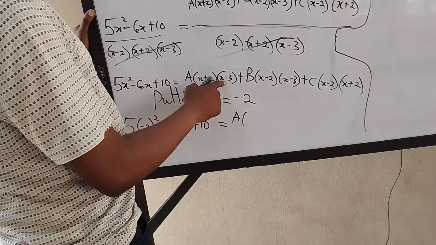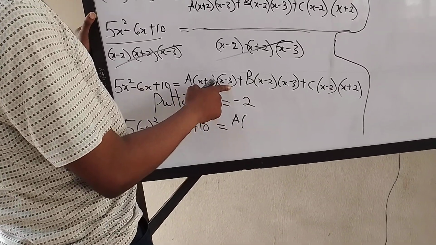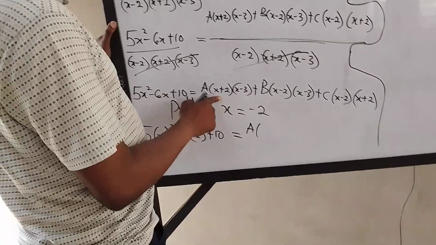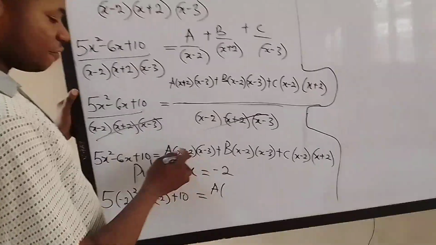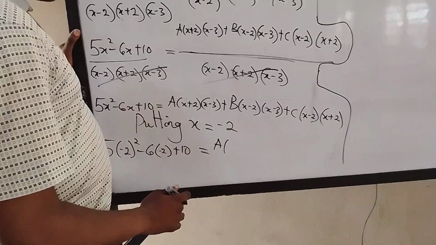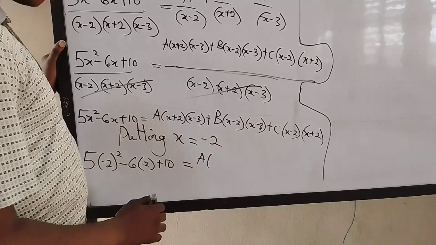Then -2 minus 3 is -5. So -5 times 0 is 0, and 0 times A is 0. Everything here is gone.